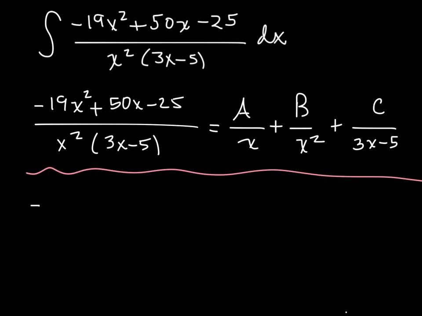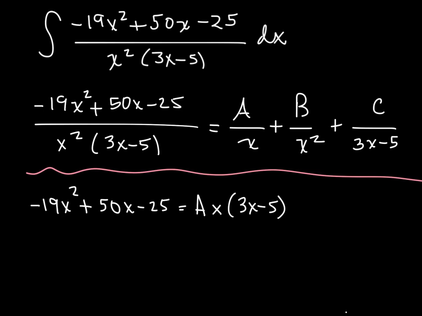So from here, we're going to clear our fractions, meaning we're going to multiply everything by the least common denominator. So, of course, this side, everything goes away. This side, we need to multiply by what's missing. So the least common denominator is x squared times 3x minus 5. So we're missing 1x and we're missing 3x minus 5.